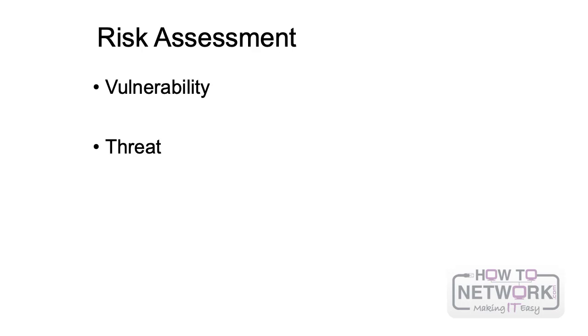Maybe there is no relation between those two. For example, an operating system that is vulnerable to some kind of shell coding, how is that related to an environmental threat? There is no correlation. These two are not correlated. Obviously, there may be another vulnerability that would exist because of that threat. So there must be a correlation between the vulnerability and that threat.